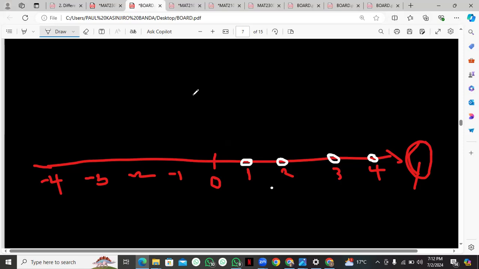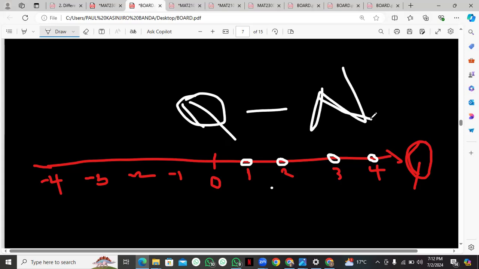So this shows the set where you have rational numbers minus the natural numbers. Okay, any questions there? So you just have to exclude the natural numbers. Okay, I can continue.